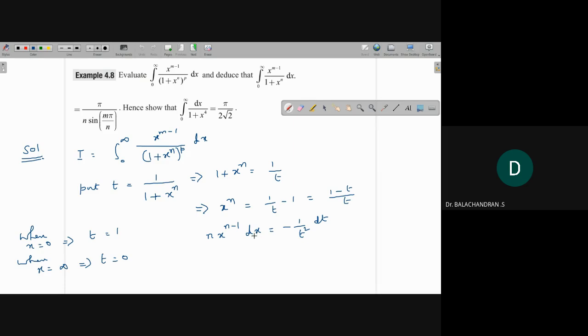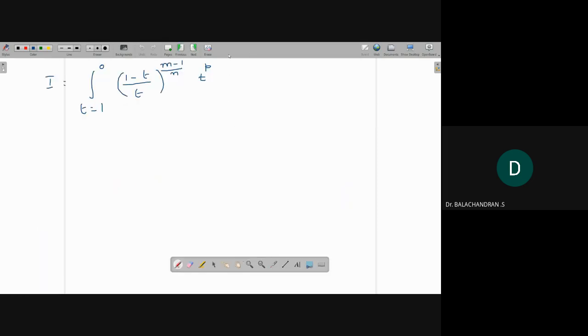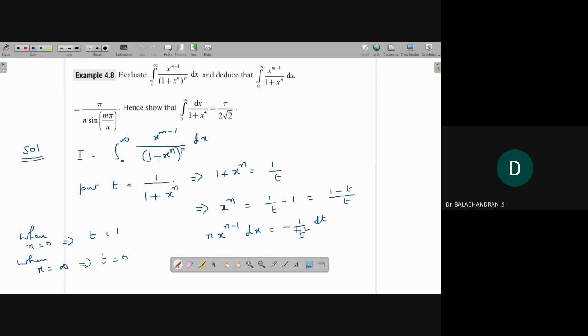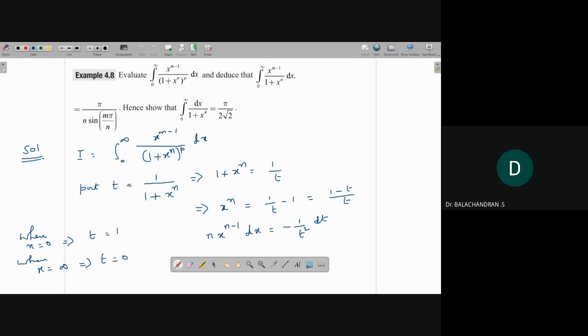From this, dx is equal to minus 1 by n divided by t square. Then x power n minus 1 is in the denominator.